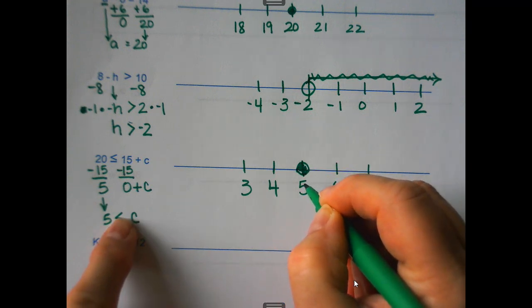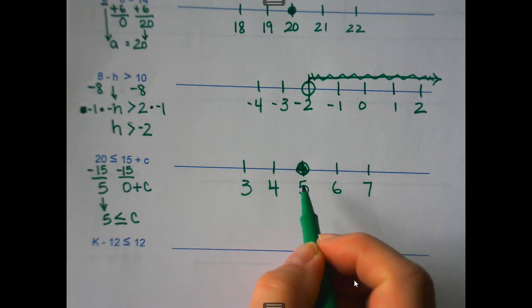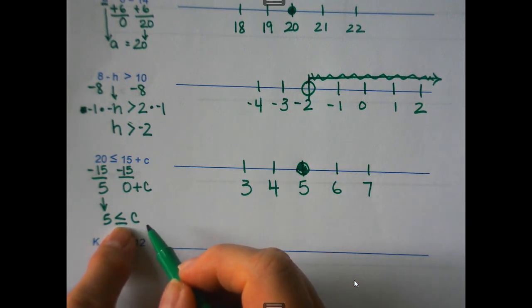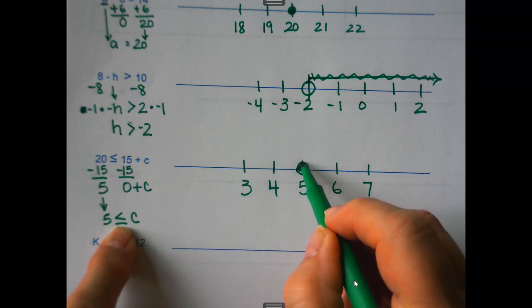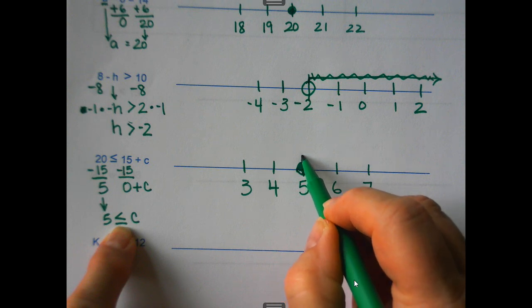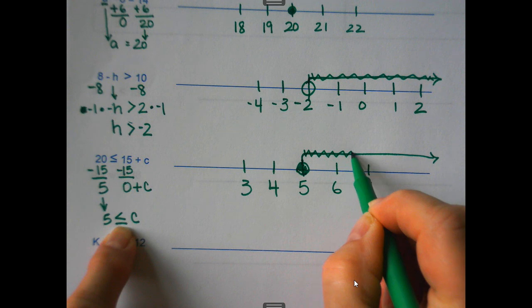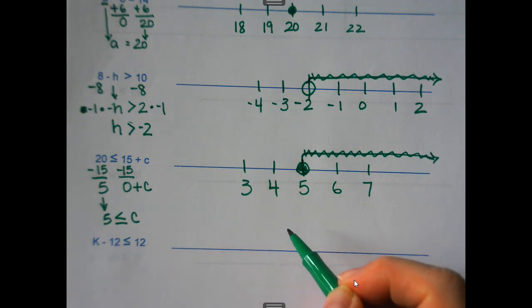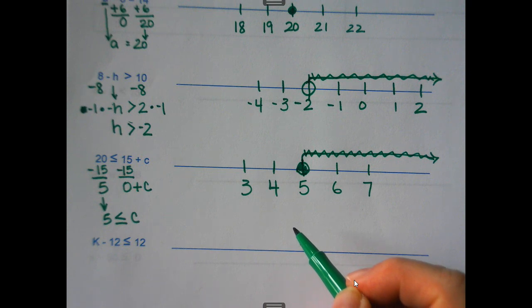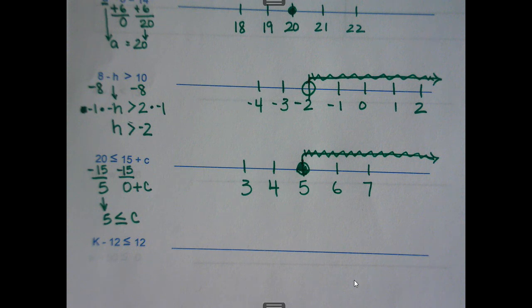So when I have less than or equal to, I shade it in, but now I have to think about if 5 is less than or equal to C, which way is my arrow going to go for my number line? And that is correct, it's going to go this way because all of the numbers this way are bigger than the number 5. It's kind of mind-boggling. But let's go ahead and see if we can do another one.